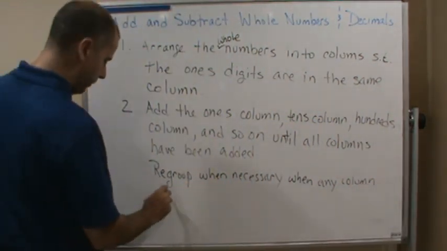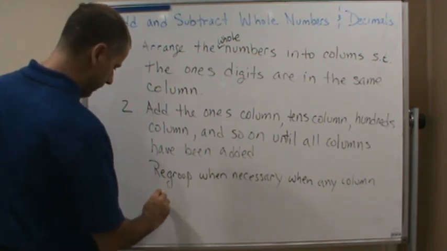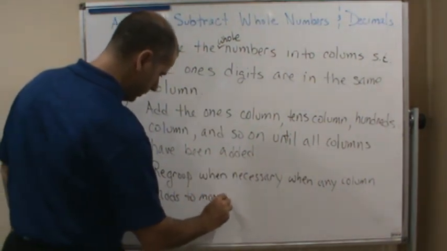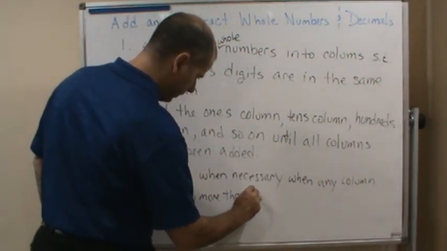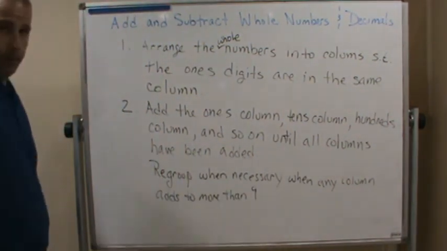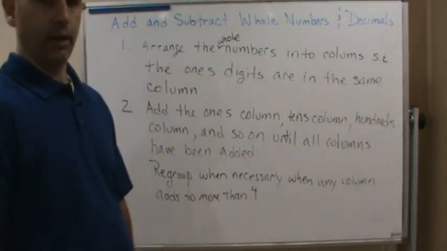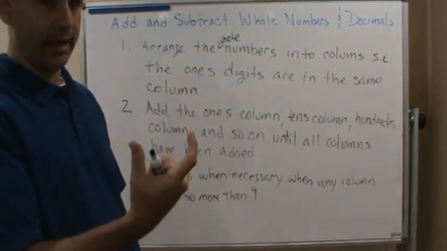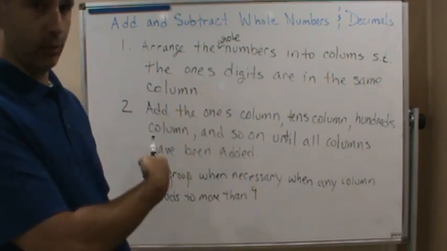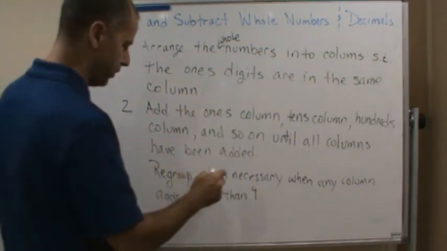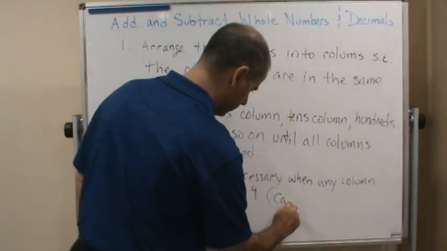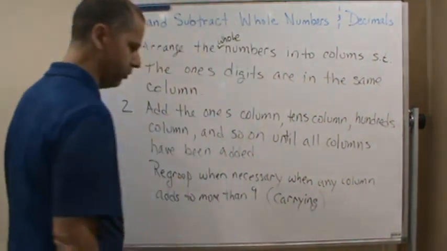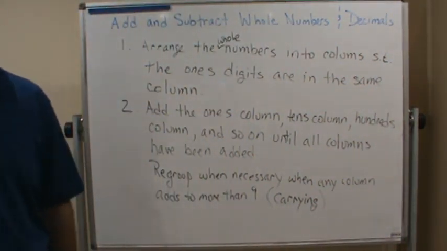Remember that we have a base 10 system, which means anything that's bigger than 9 goes to the next column. This is what we call carrying. When you say carry the 1 or carry the 2, you're regrouping.